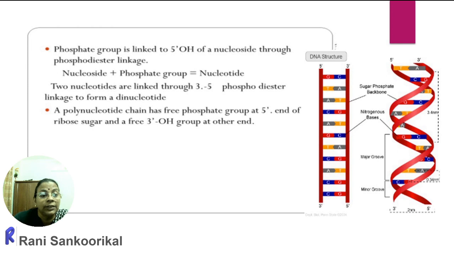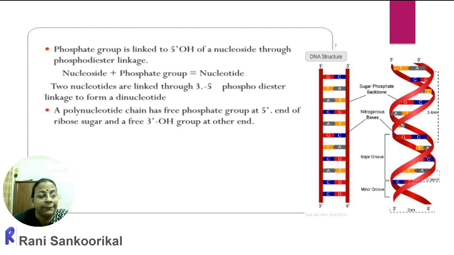So if you know the base sequence of one strand, you can automatically decipher the base sequence of the other strand. These two strands helically wind around to form a double helical structure, which was proposed by Watson and Crick.